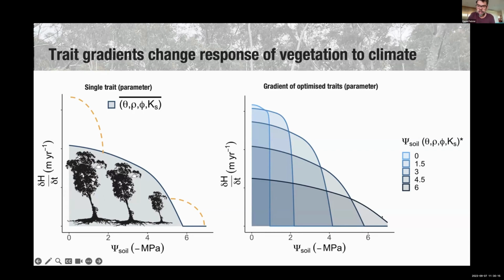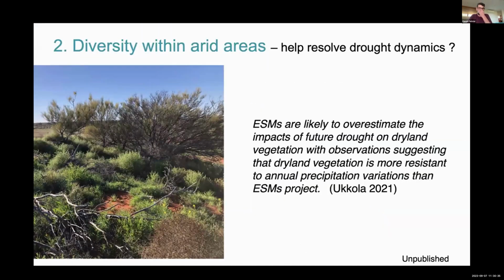Meanwhile, at the other end, you have a drought tolerator that's able to extend right out into much more harsh conditions. But even under good conditions, it's going to grow much slower because the traits of that species constrain its growth even under good conditions. Okay, so that's the first component.